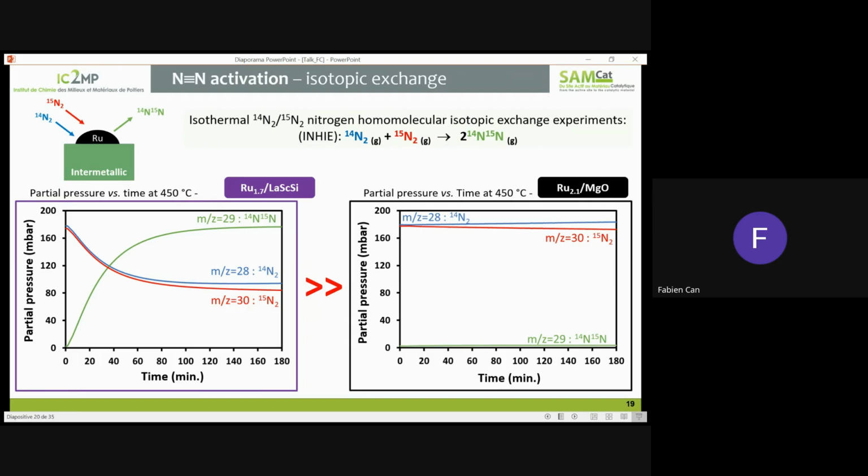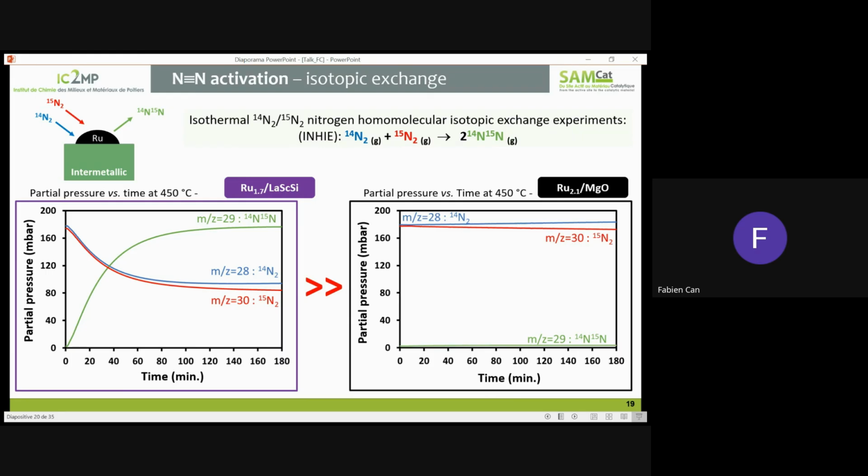This sample, in this condition, is not very active for N2 dissociation, as opposed to the intermetallics based on lanthanum. Here you have a pure homomolecular exchange. You have a consumption of the signals in blue and red, which correspond to 14 and 15 N2, and simultaneously you have the formation of the N2 14-15.